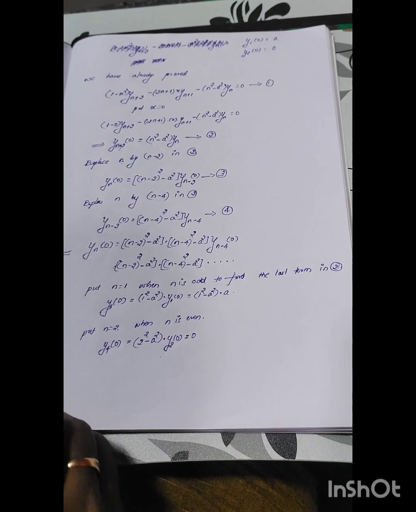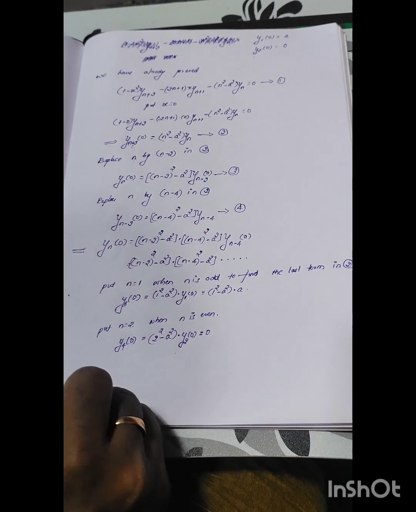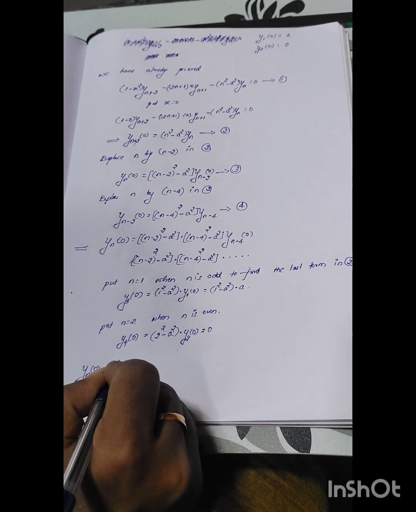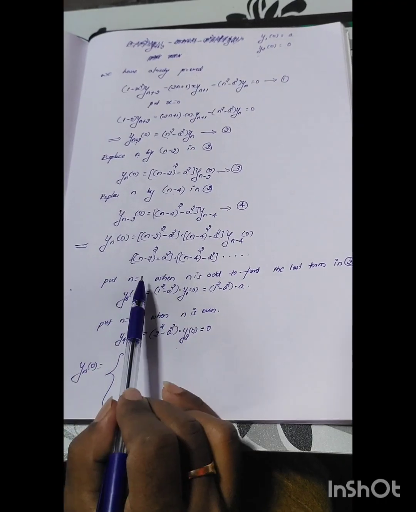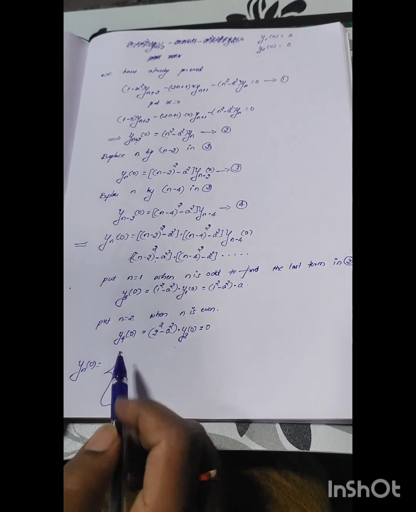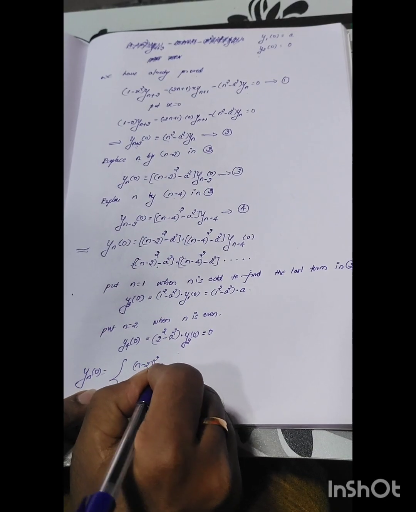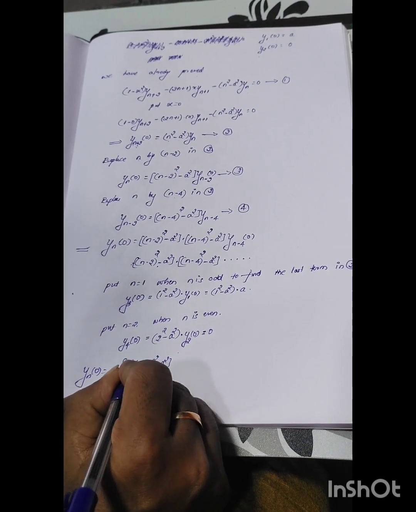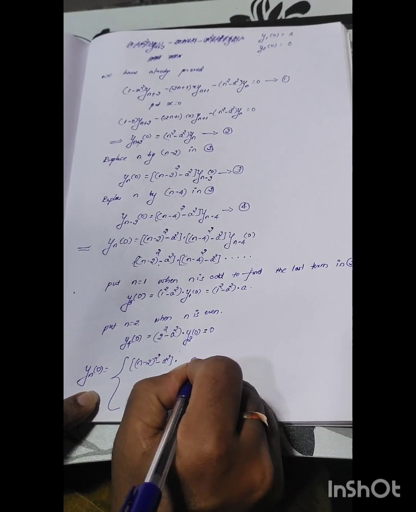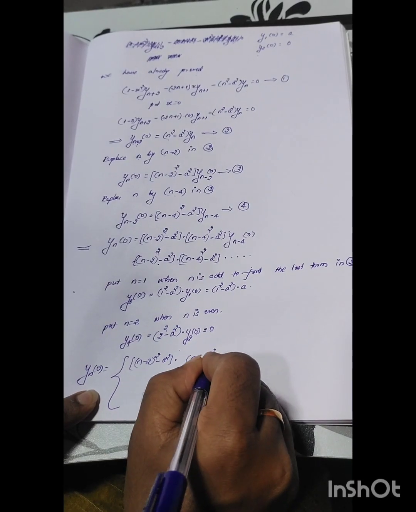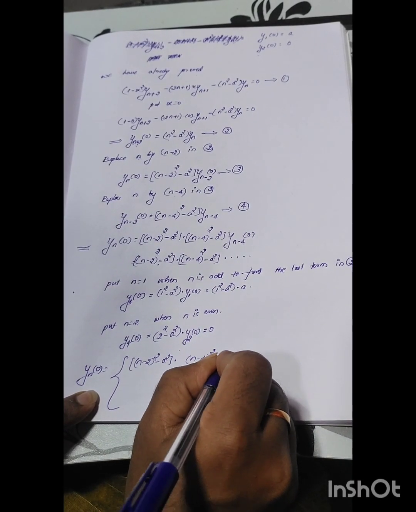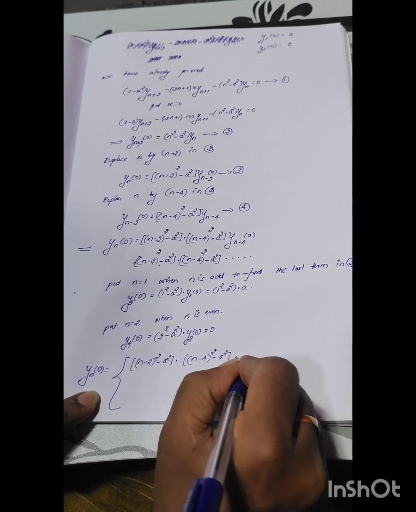Therefore yn of 0 will be equal to n minus 2 square minus a square into n minus 4 whole square minus a square into, and so on.